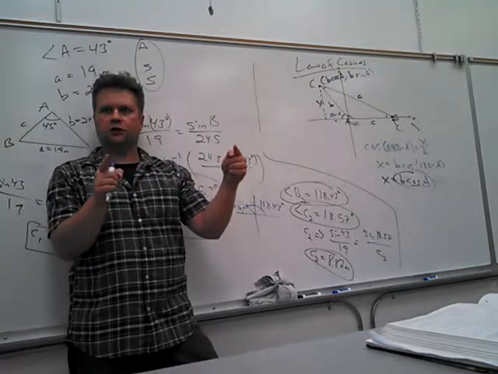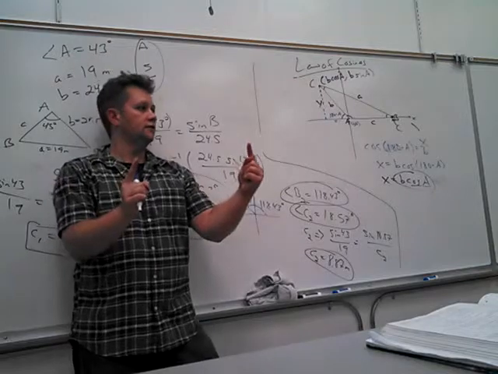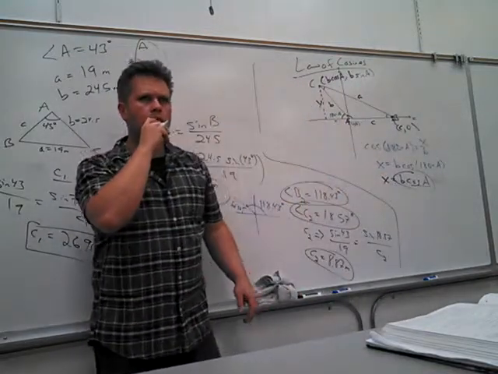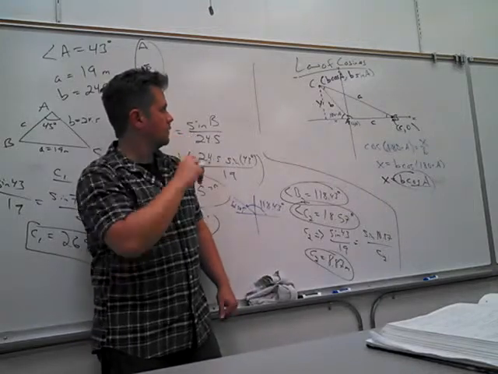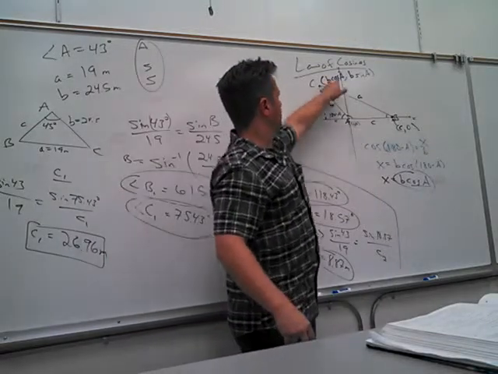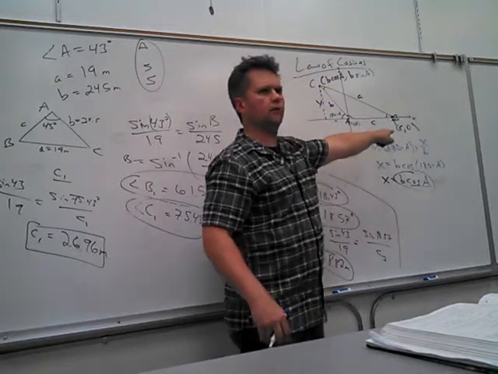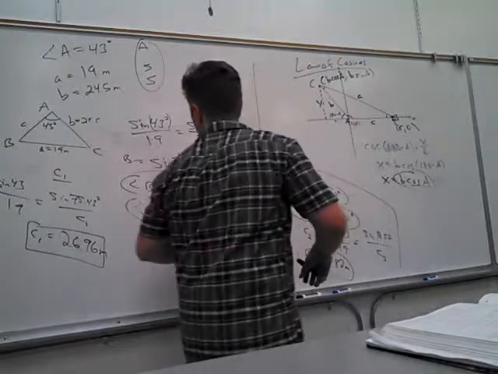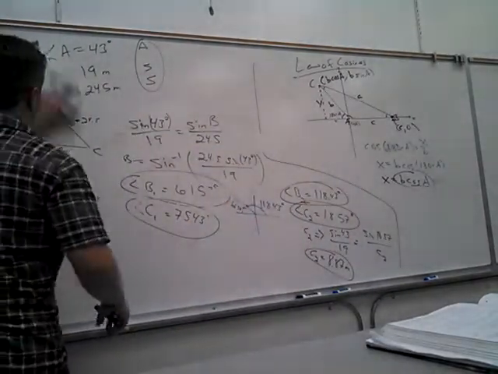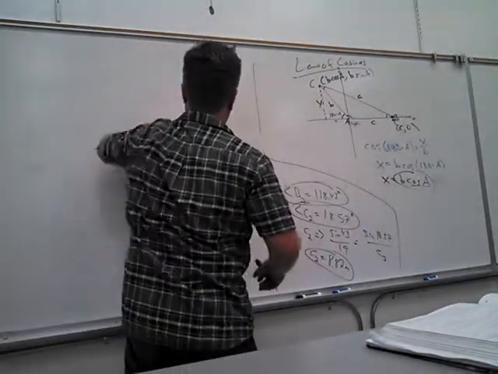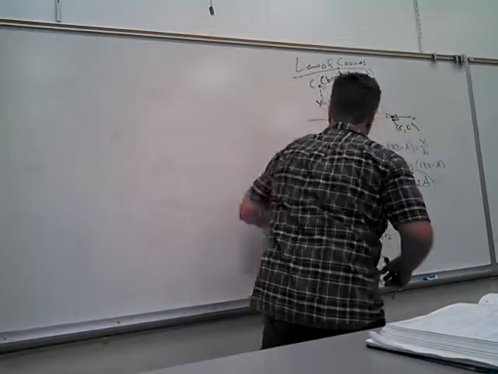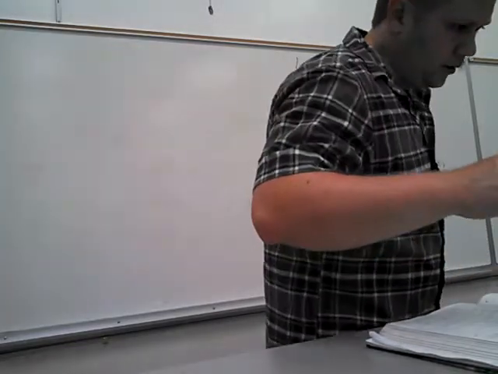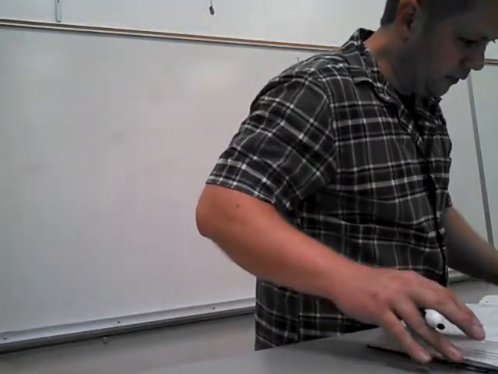C. So it's got to be C, 0. So I've got the points 0, 0, B cosine A, B sine A, and C, 0. By the way, they do this derivation on page 476.